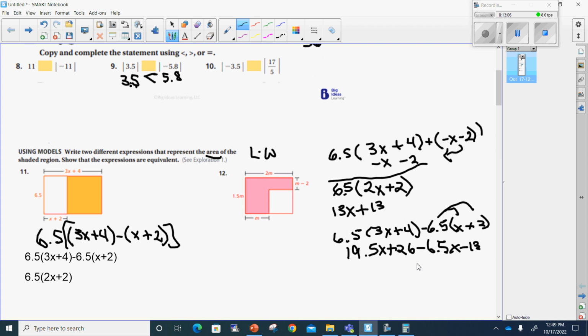All right, now I can combine my like terms and put my x's together. So I'm going to take this negative 6.5, this negative 18.